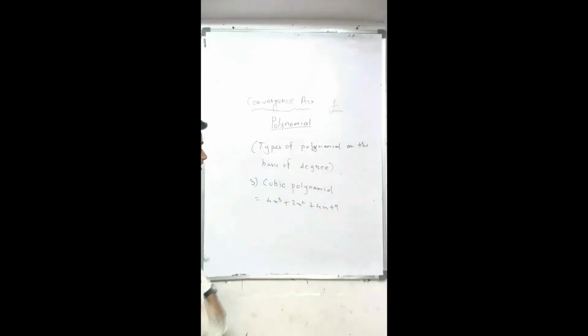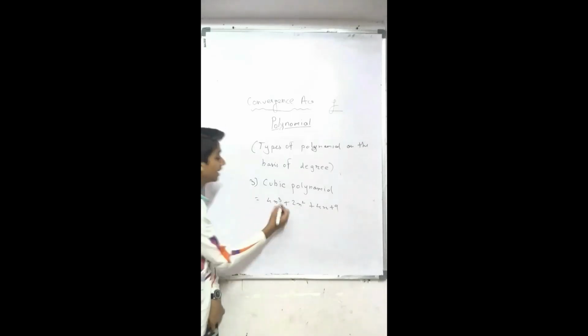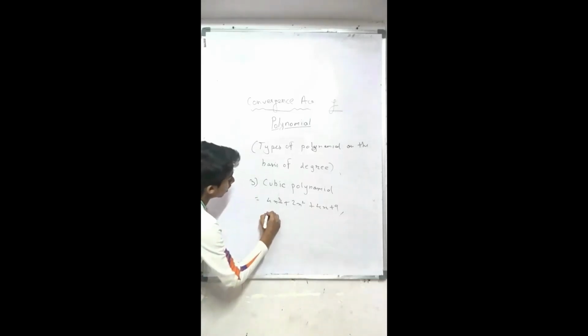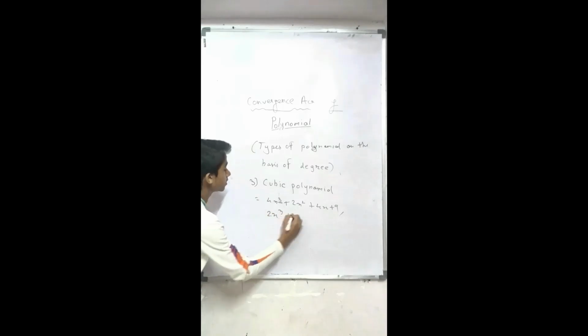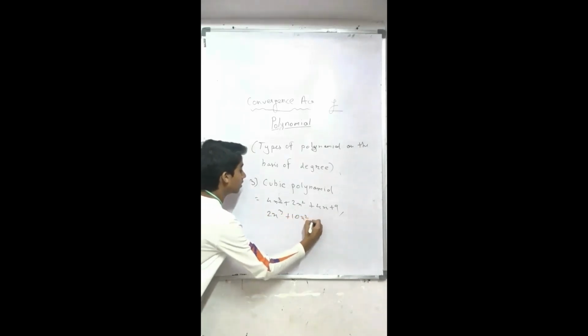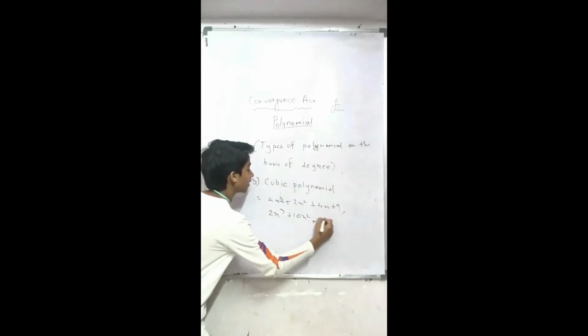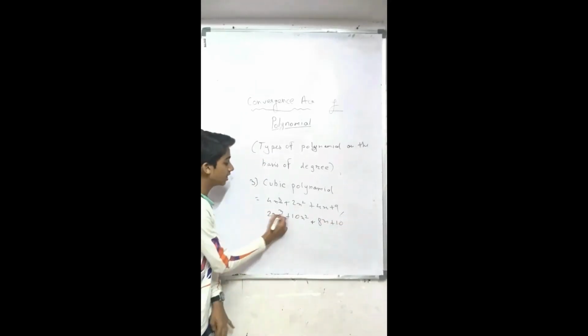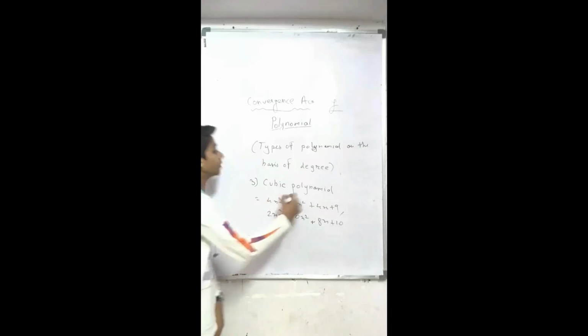So you see here that cubic polynomial means the highest degree is 3. Okay. And one more example we will see, plus x plus 10. Okay. So the highest degree is 3. You see here. So that's why it's called a cubic polynomial.